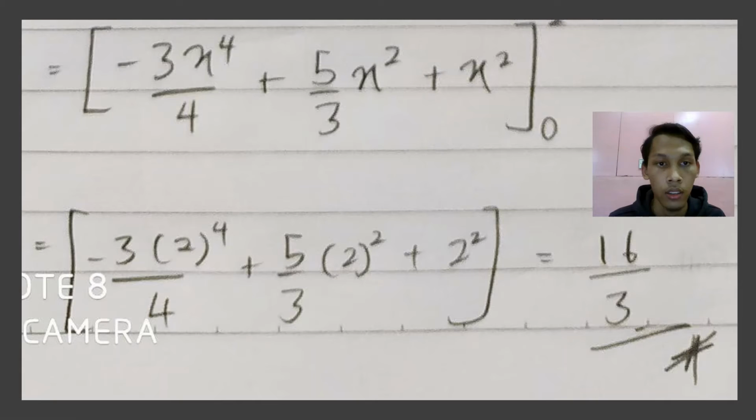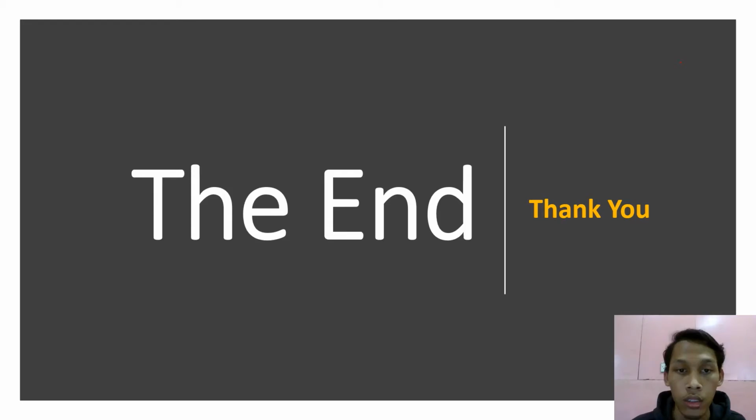And then we will get this. After that, we integrate again with dx, and then we get this, from 0 to 2. Then we substitute x with 2 and 0. If we substitute 0, the answer is 0, so we just take 2, and then we get 16 over 3 as the answer. Okay, that's all. Thank you.